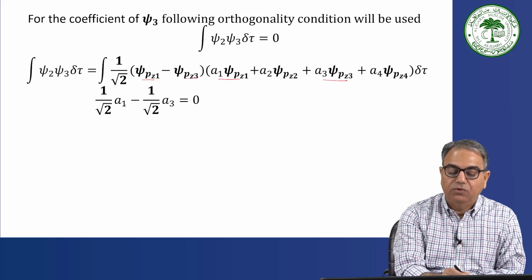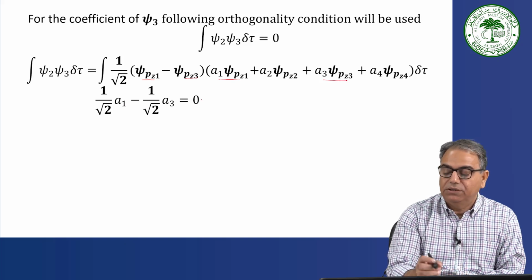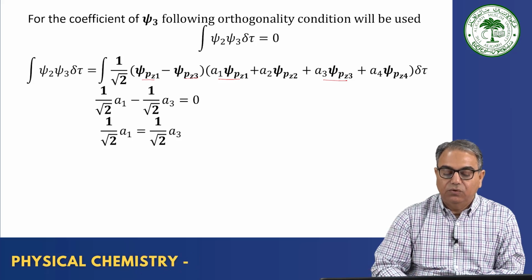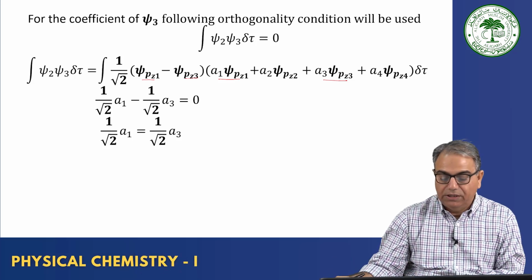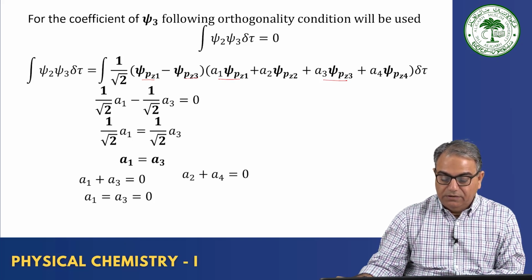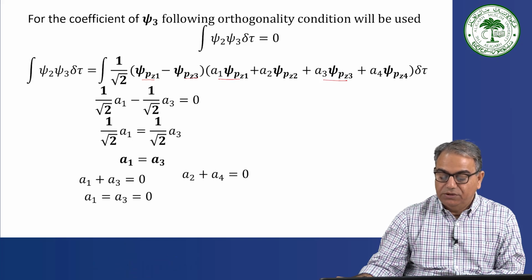So you can write 1 by root 2 a1 minus 1 by root 2 a3 is equal to 0. And if it is so, then 1 by root 2 a1 is equal to 1 by root 2 a3, which means a1 is equal to a3, and since a1 plus a3 is equal to 0, as you know, both a1 and a3 are 0, and a2 plus a4 is equal to 0.